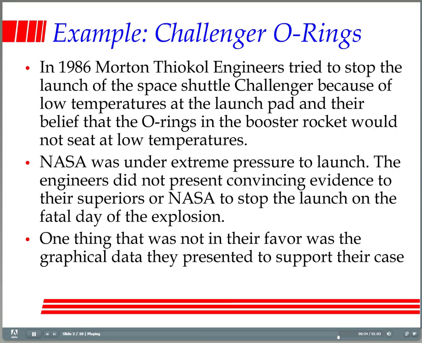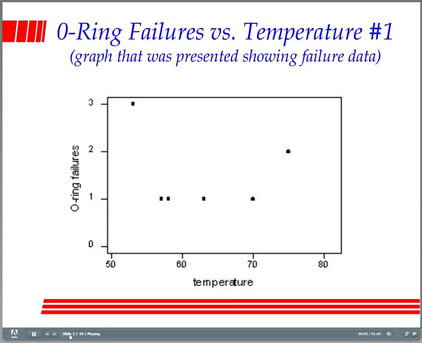One of the things that was not in the favor of the engineers was the graphical data that they used to try to defend their case. You see here a graph that was used to try and show that there was a correlation between O-ring failures in the booster rocket and the temperature at the time of launch.